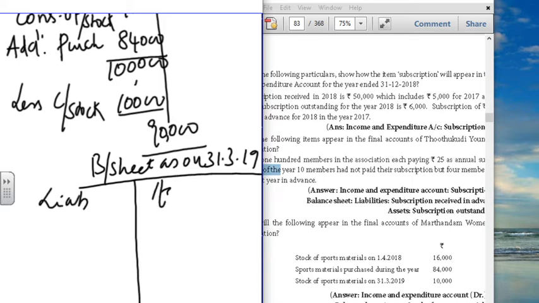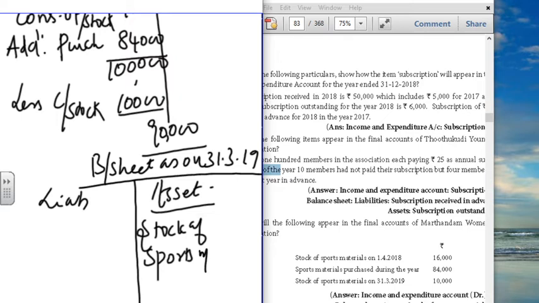So we are going to write the closing stock of sports material. Stock of sports material: opening stock should not be written, only the closing stock should be written on the asset side. It is nothing but 10,000. So this is the methodology to do this problem.